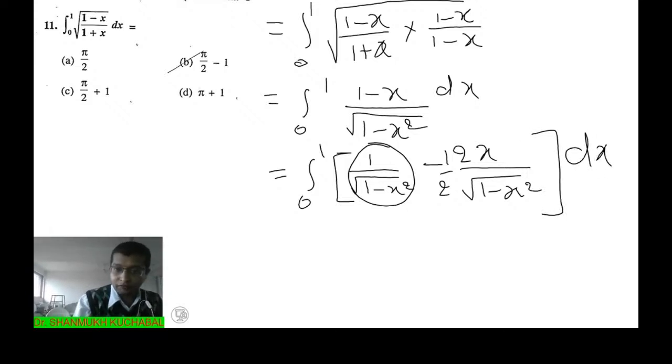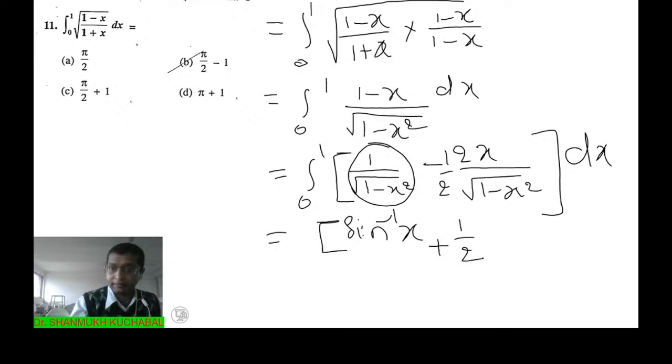So further, integration of 1 divided by root of 1 minus x square is sine inverse x, minus, and here we get a plus, right? So 1 by 2 as it is, because here a minus we have to take, and to balance it we have to divide by minus.